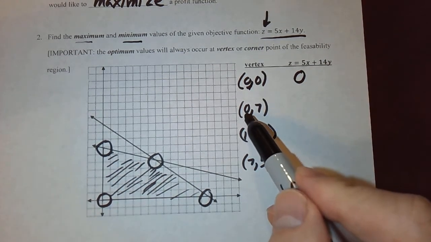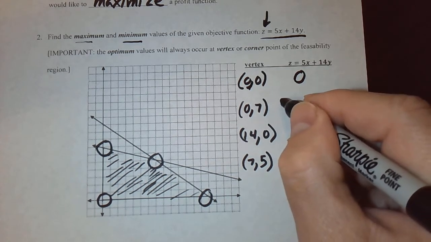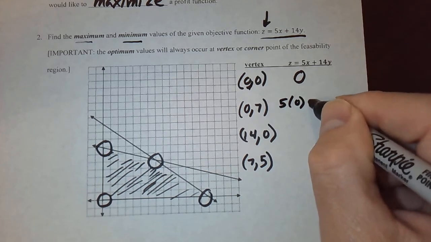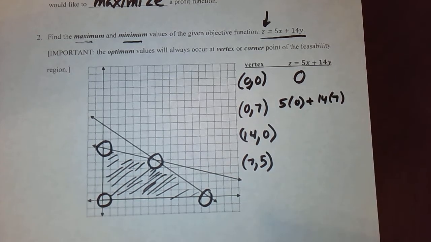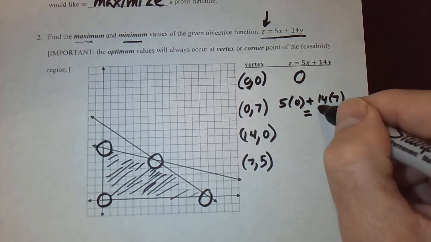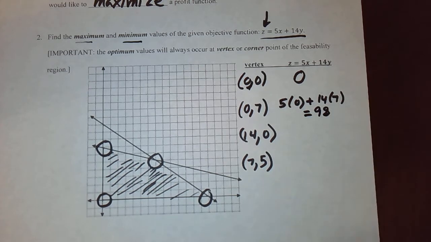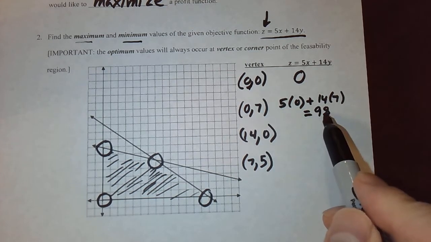Now, if x is 0 and y is 7, we would get 5 times 0 plus 14 times 7. And that is 0 plus 98. All right, so we got a 0 for the first one, 98 for the second one.